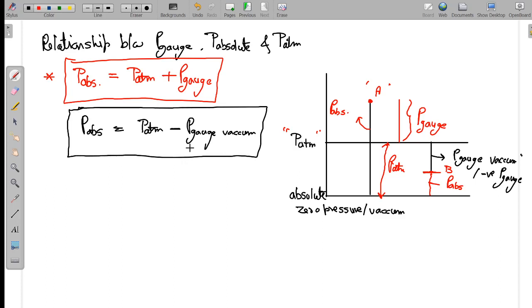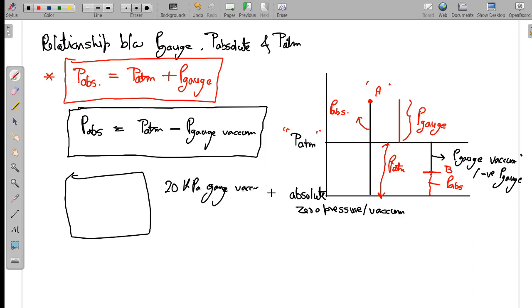So just learn the difference between absolute vacuum and gauge vacuum. Gauge vacuum means the pressure inside. If I am saying that there is a container and the pressure is 20 kilopascal gauge vacuum, that means the pressure is below the atmospheric pressure by 20 kilopascal.